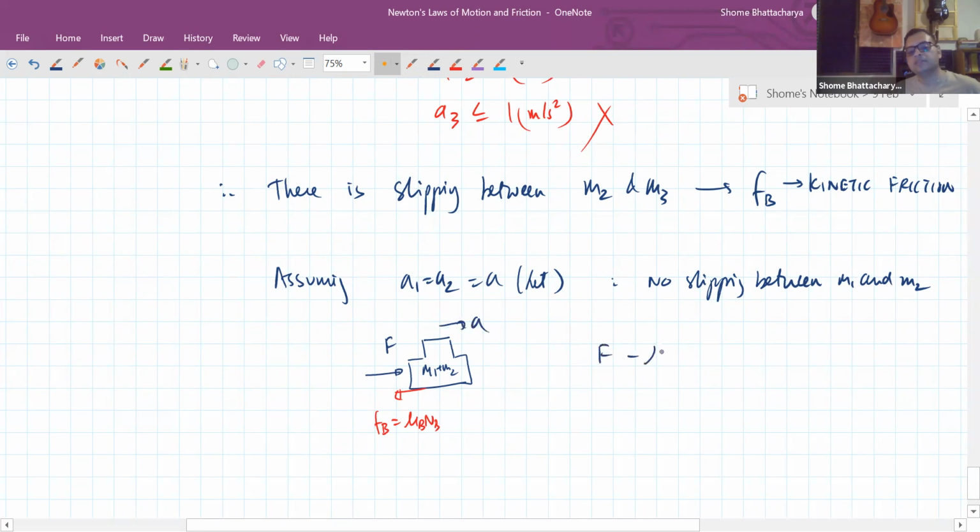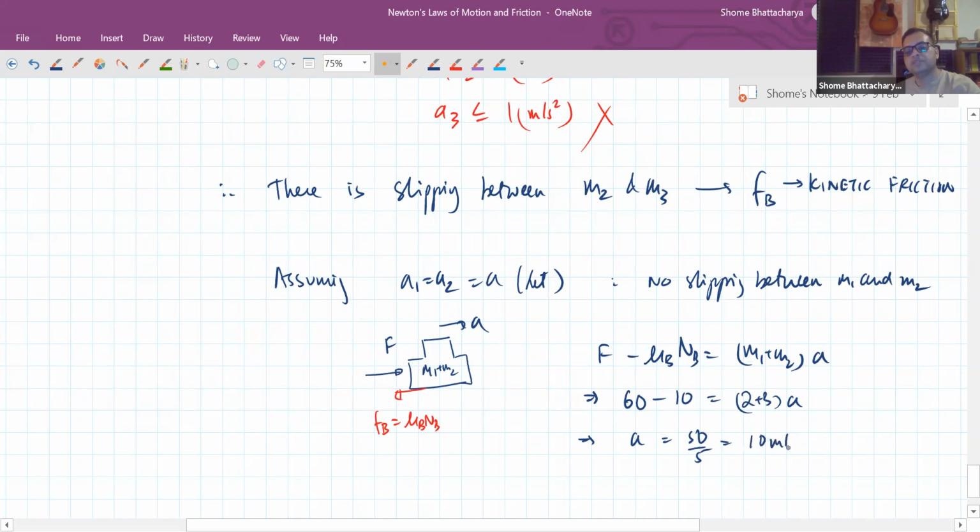So F minus this kinetic friction here should be equal to the combined mass into a common acceleration. So 60 newtons minus 10 newtons should be equal to 5A. So we will get the value of A as 50 divided by 5.